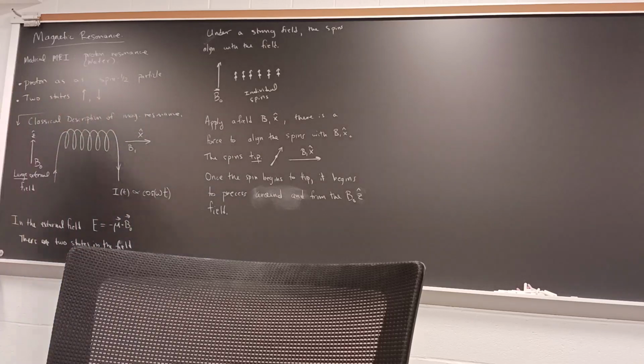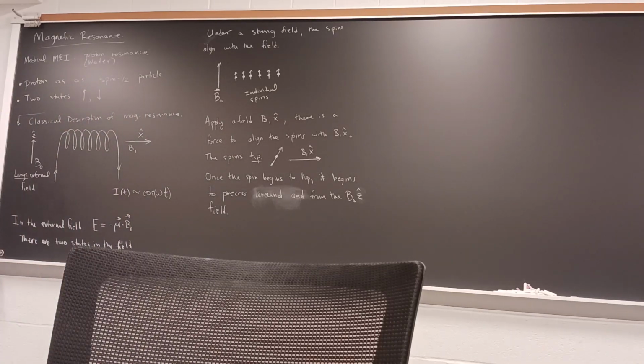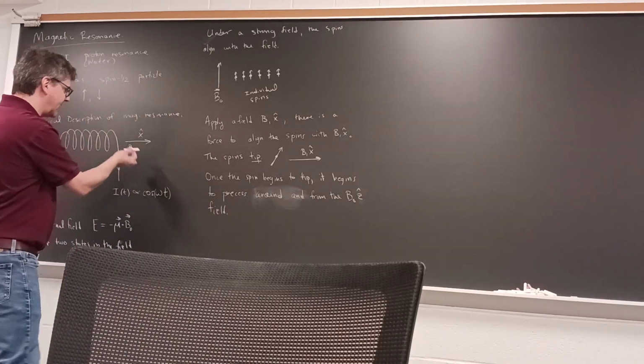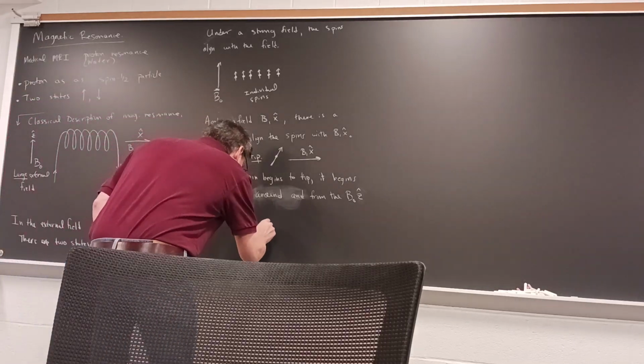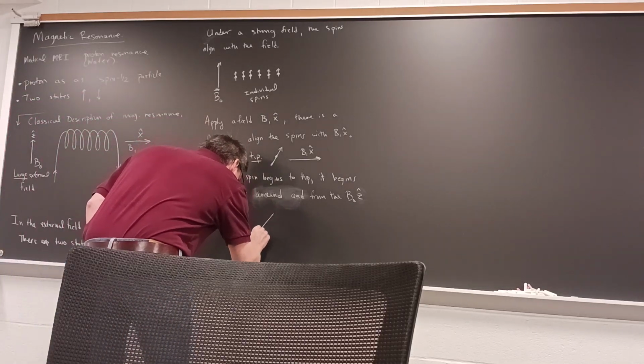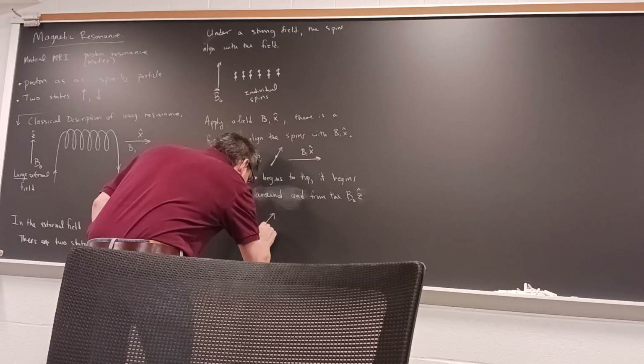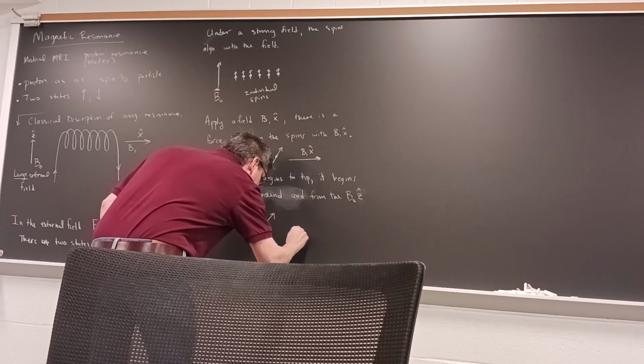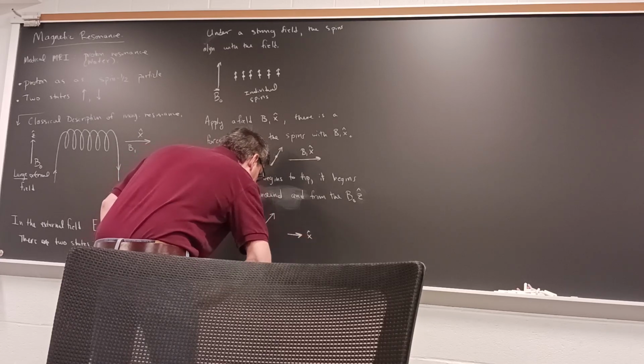Because B0 is really strong, now you've got this spin and it's tilted. That's the x direction.